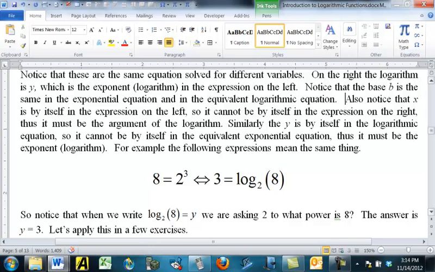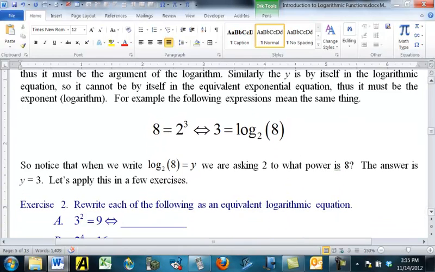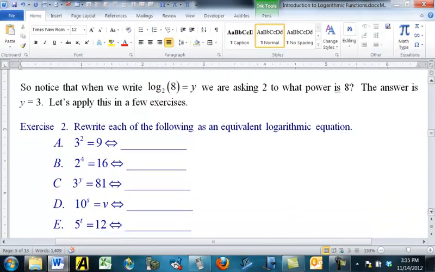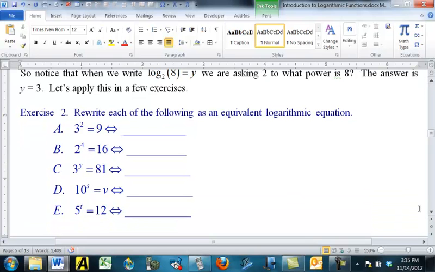So let's see if we can apply these basic results in a few examples. This first set of exercises, exercise 2, A, B, C, D, and E, is to rewrite these exponential expressions as equivalent logarithmic equations.